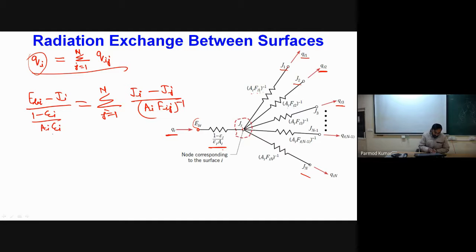So this way, when I write for the first face, when i is 1, I will get one equation. When i is 2, for the second face of the enclosure, another equation. So like that I will get a system of equations, and if I solve these equations I will be able to find out the values of individual J1, J2 or say surface temperatures, whatever we want to determine. Is this point clear, how we can determine the radiation exchange between the surfaces?